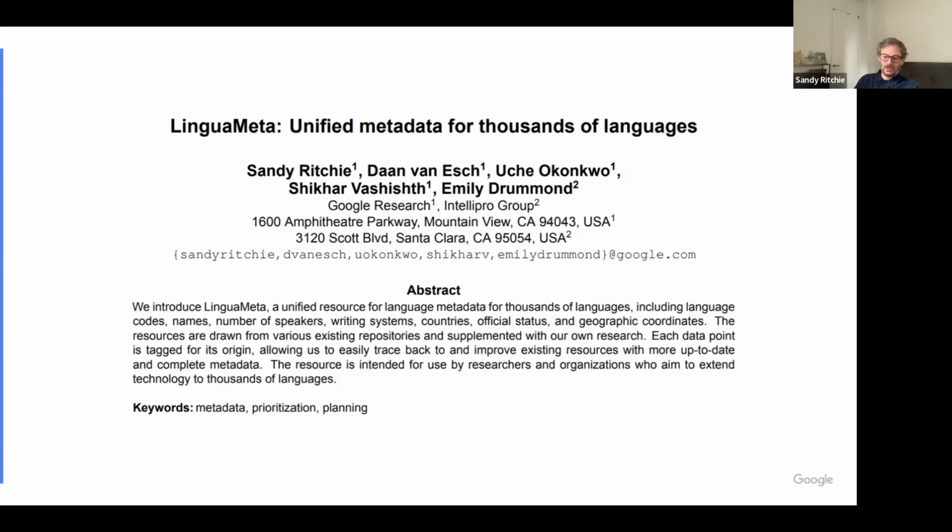And I think in the long term, the company has committed to making our major technologies, such as Translate, speech technologies, and even things like Gemini chatbots, available in many more languages.